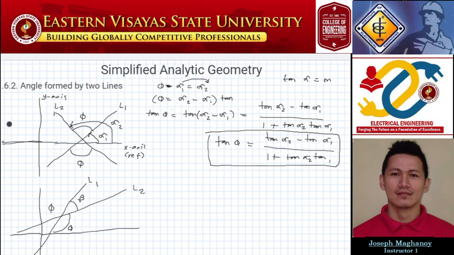In our figure A, the first line to hit is our line 1, then line 2. Compared to our figure B, the first to hit is your alpha 2, followed by your alpha 1 with respect to your x-axis as your reference line.